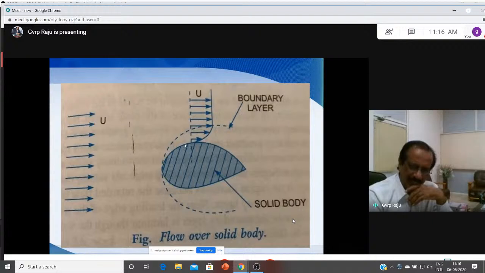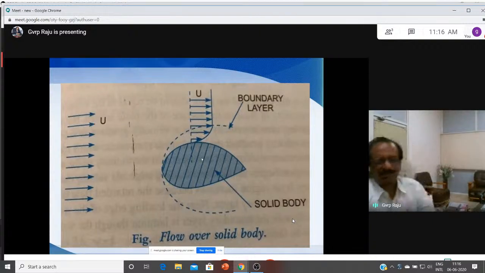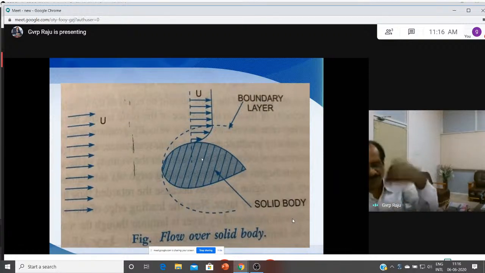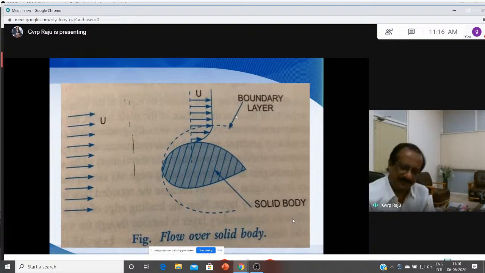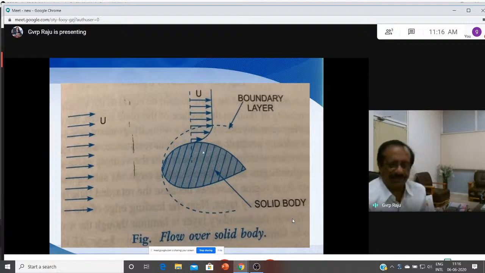There is the interior of the body here. You can remove all this fluid and it can be sucked into the solid body. So when there is no fluid close to the solid body, there is no chance of formation of boundary layer. The separation can be avoided.